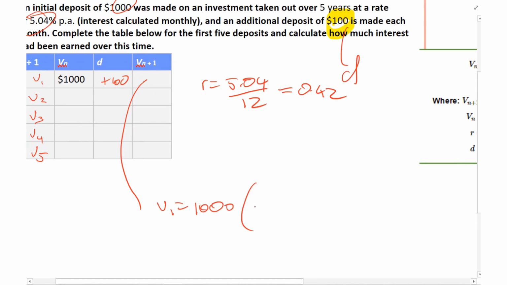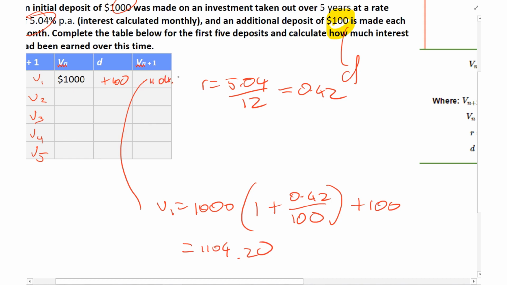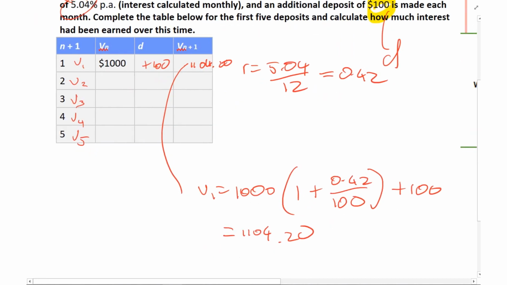Okay, and then in brackets, we're going to have 1 plus 0.42 divided by 100. And then we've got our plus 100 here. And that will give a value of 1104.20. So that's the value I'd put there, 1104.20.